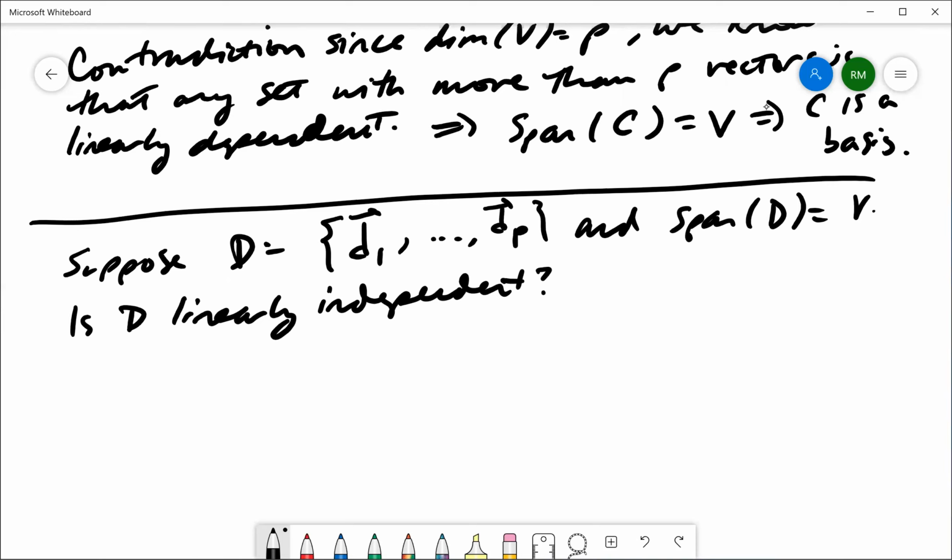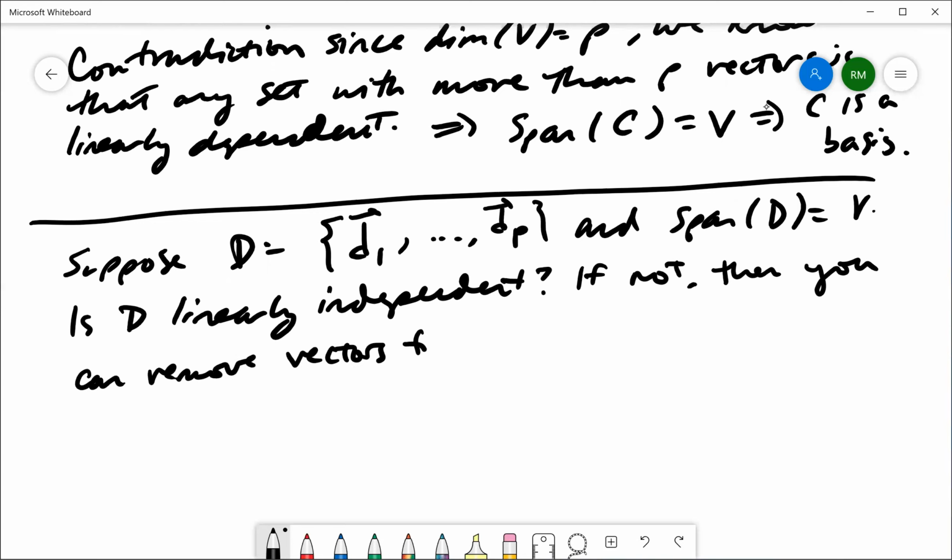Well, if not, then you can remove vectors from D and preserve the span.